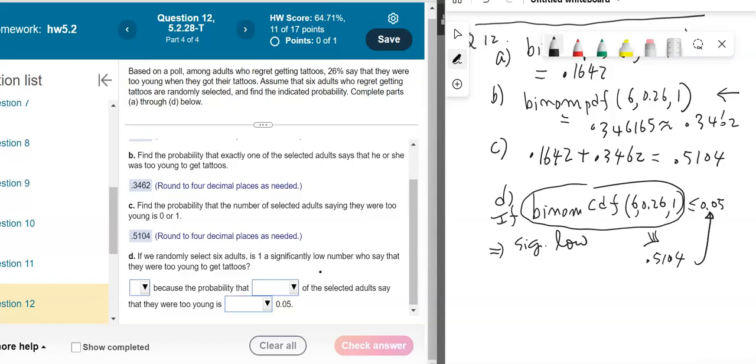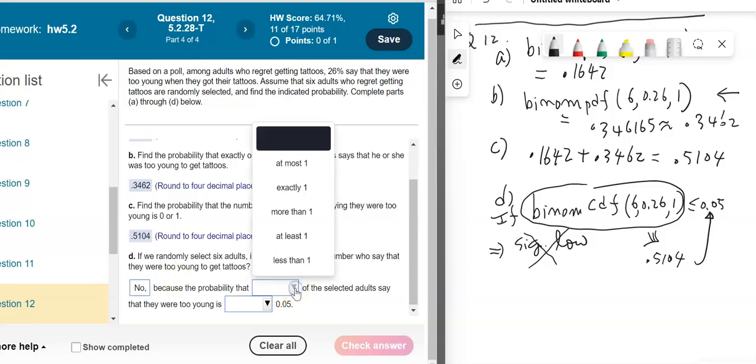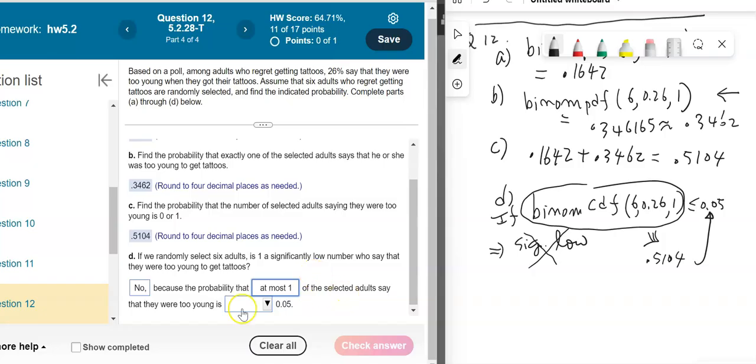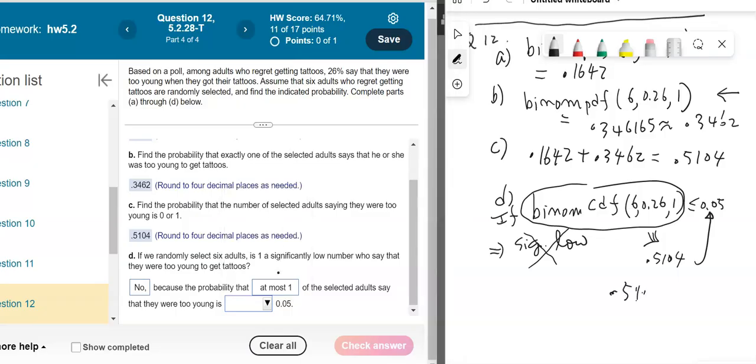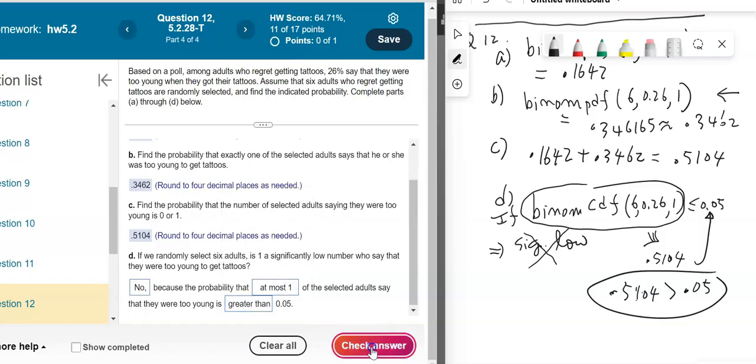Is it less than 0.05? No, so it's not significantly low. The answer is no, because the probability of at most one, since 0 and 1 means at most one, is greater than 0.05. 0.5104 is greater than 0.05.